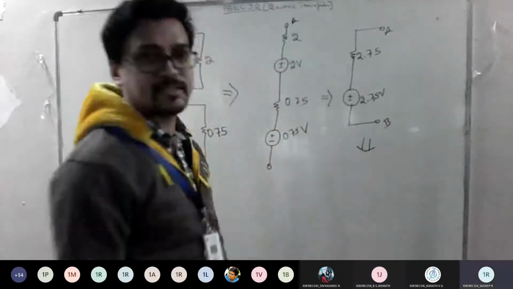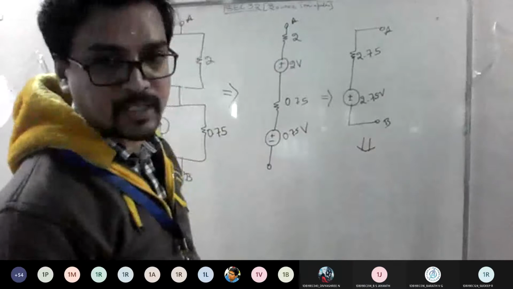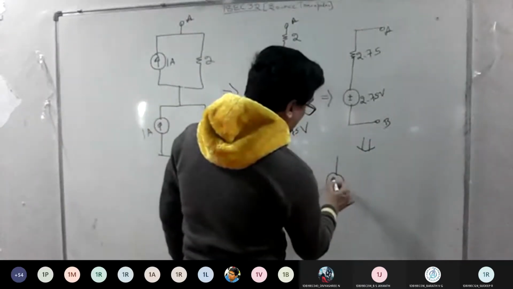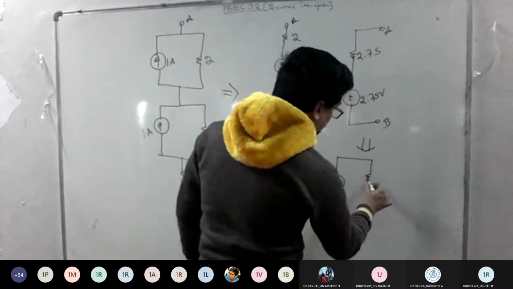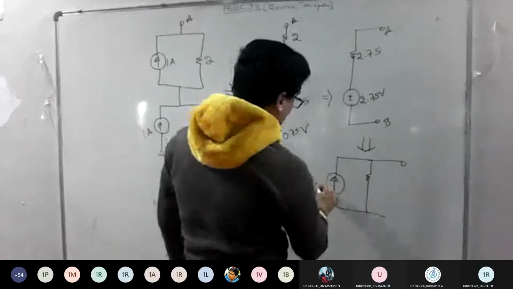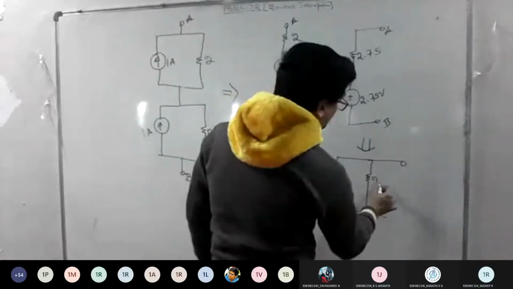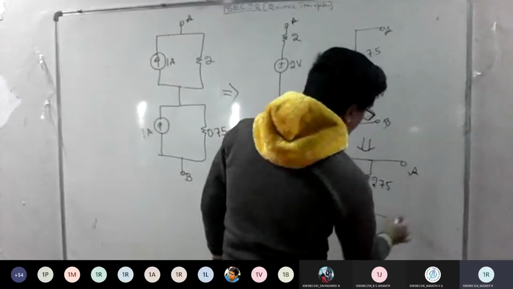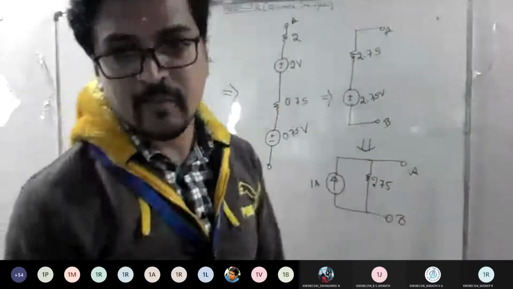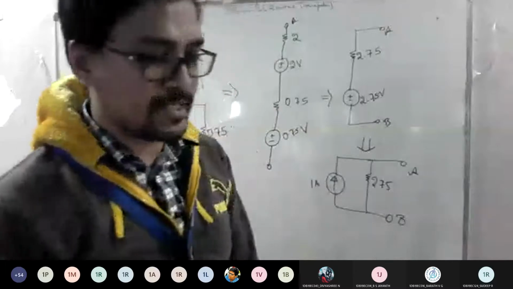So again convert this combination to a current source. So single current I equals V by R. Direction is upward. What's the value? 1 amp. And the value of resistance is 2.75. So this is the equivalent practical current source between terminals A and B.